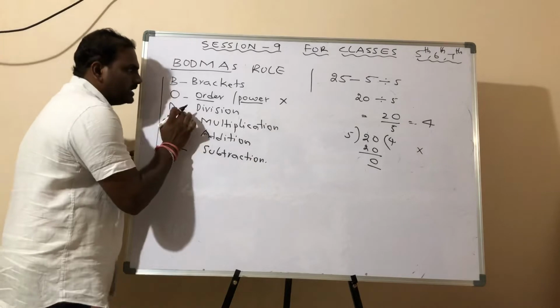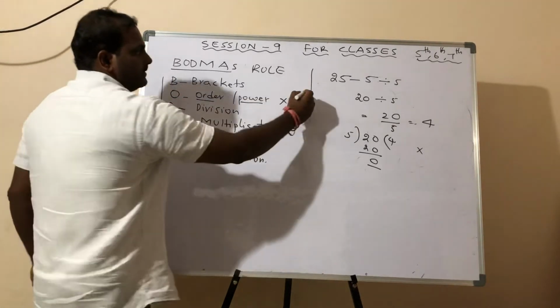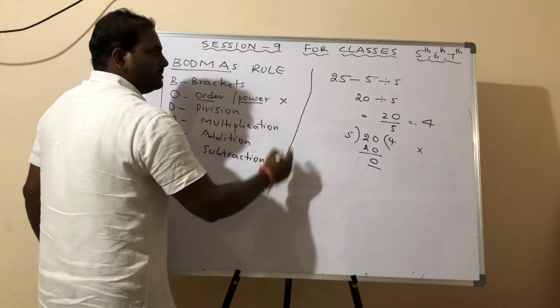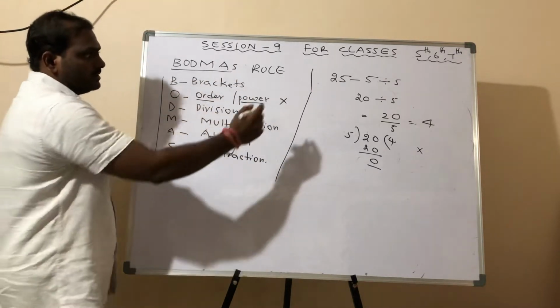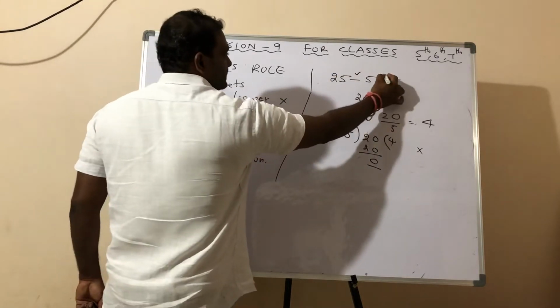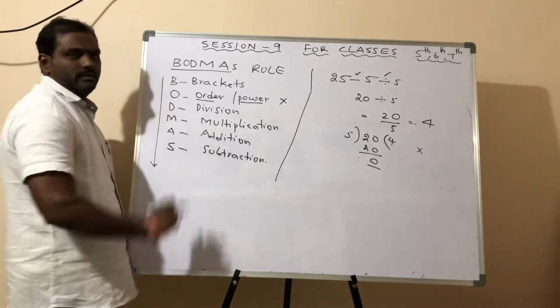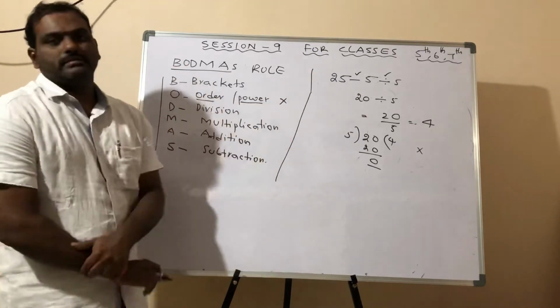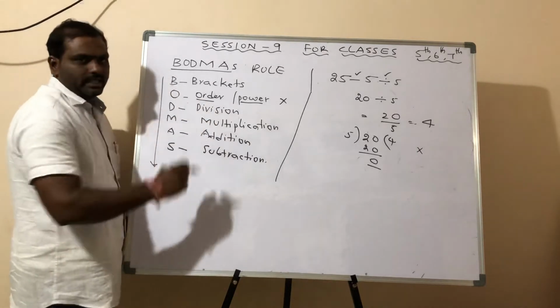Then we have to do the division first. In that question, what is there? 25 minus 5 divided by 5. So there is subtraction and division. According to this rule, which is correct first? Division. First we have to do the division there. After that we have to do the multiplication.